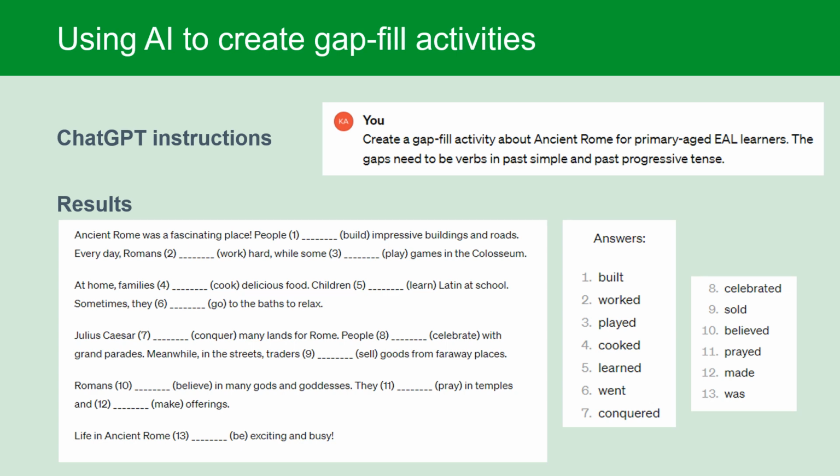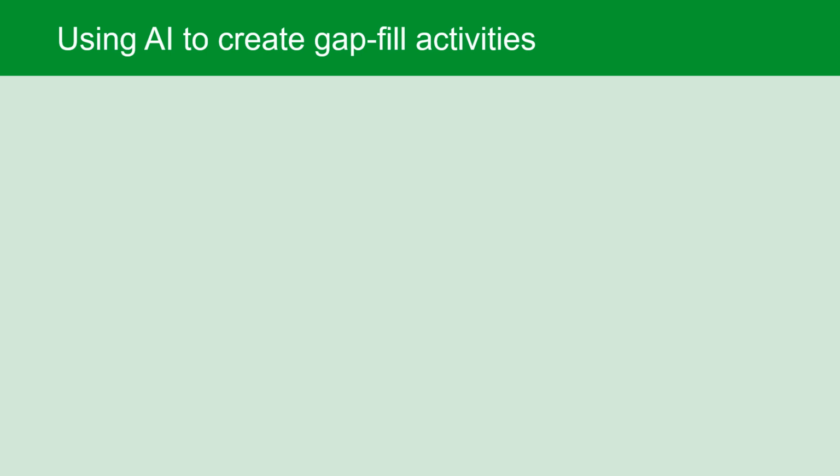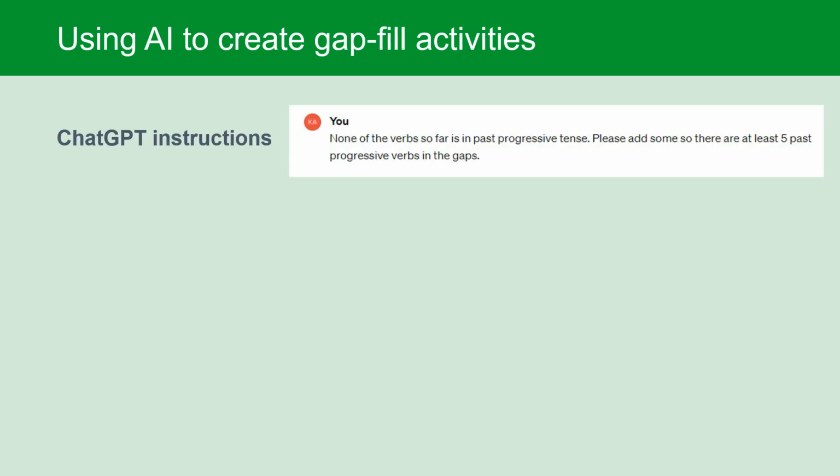Let's give ChatGPT an additional prompt so that this initial output is improved. Our new prompt for ChatGPT is: none of the verbs so far is in past progressive tense. Please add some so there are at least 5 past progressive verbs in the gaps.